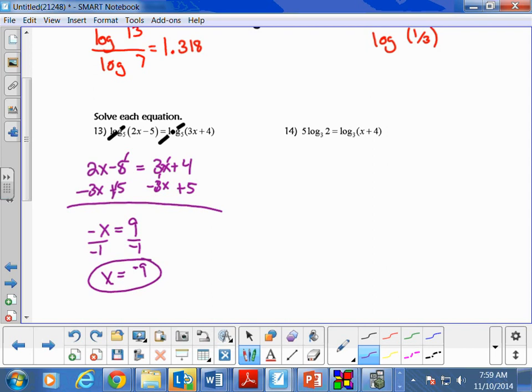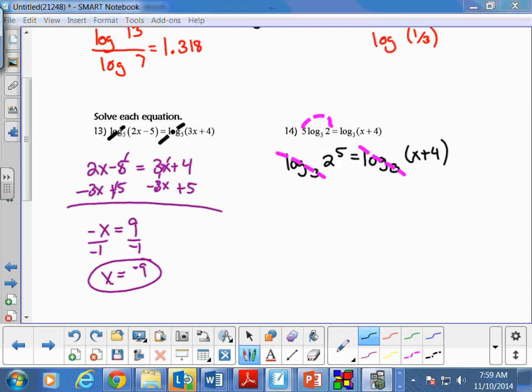Now, question number 14 starts with moving the exponent to the front. Once we do that, we end up with log base 3 of 2 to the 5th is equal to log base 3 of x plus 4. Same thing happens: the logs cancel out. So we have 2 to the 5th, which is 32.